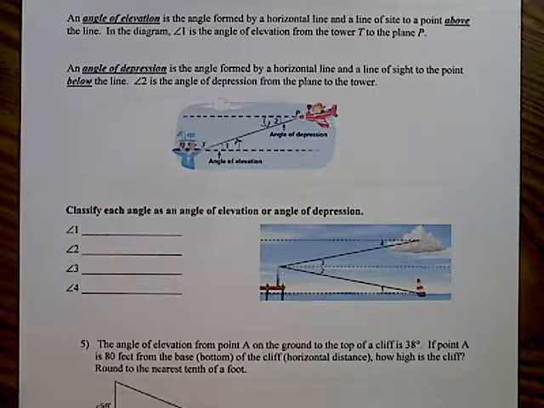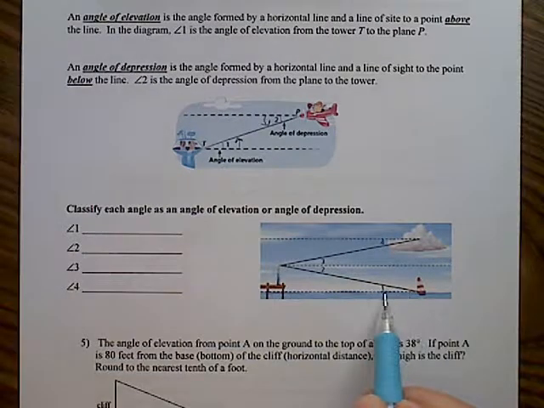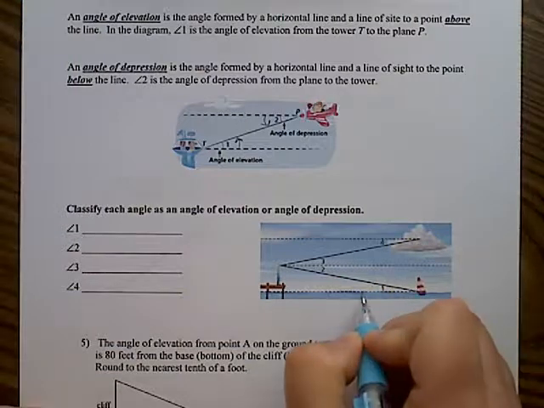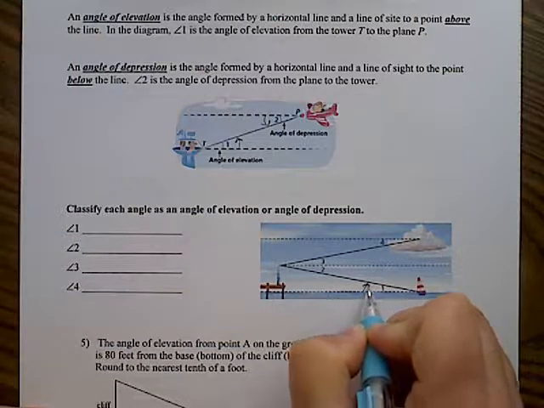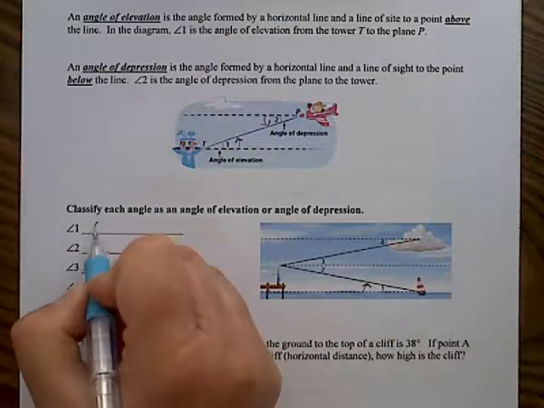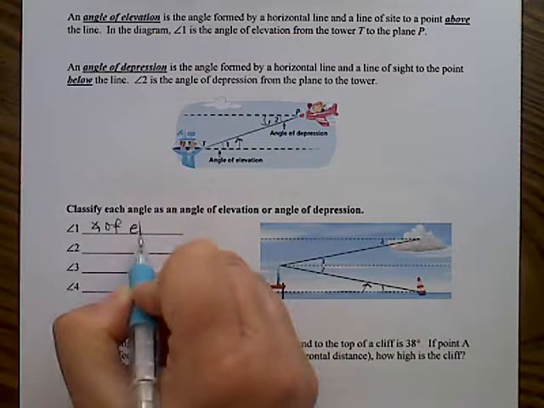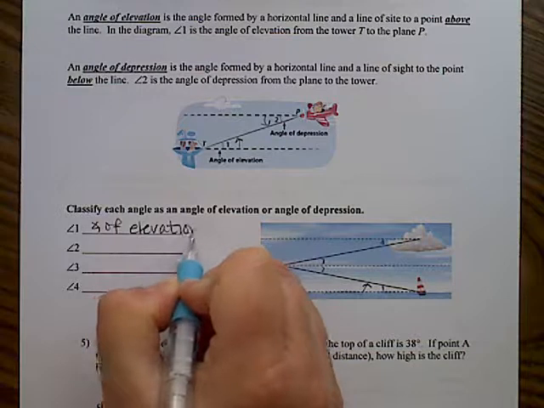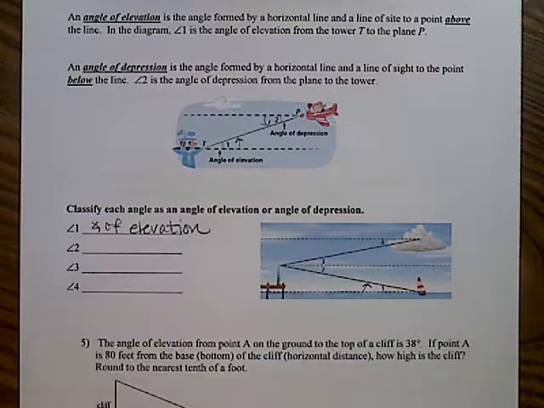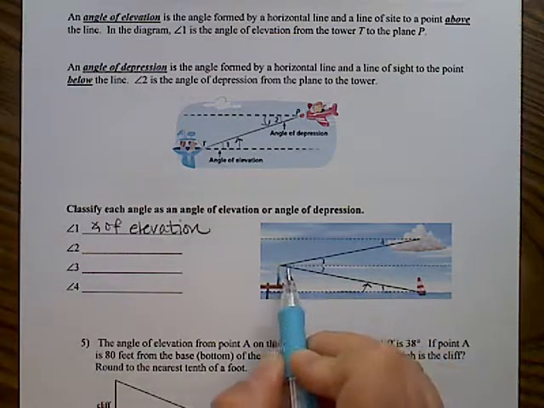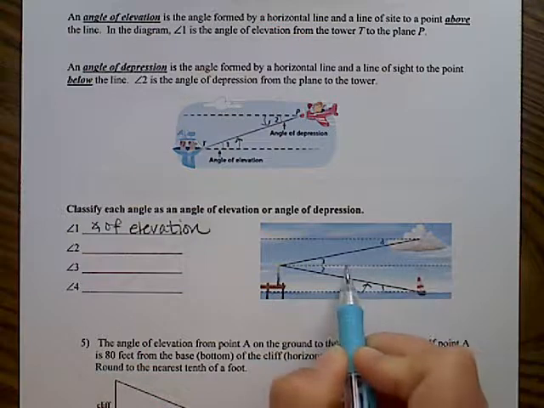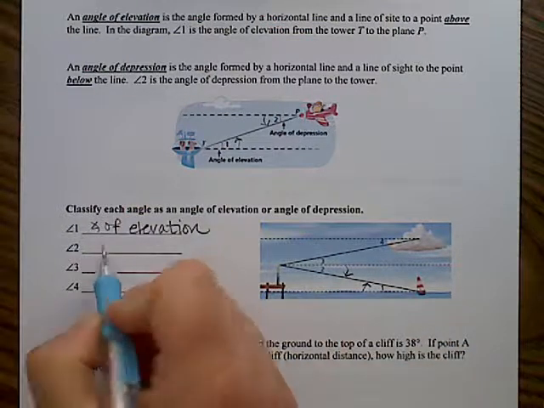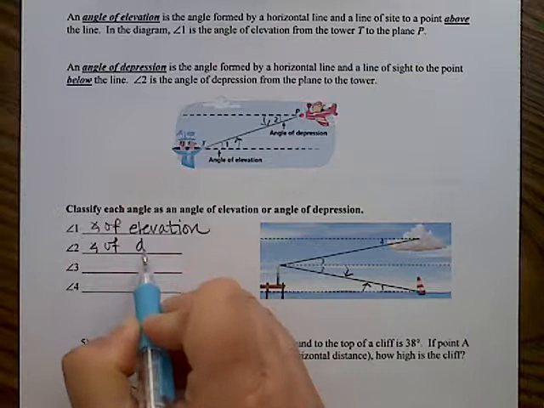So example number 1, angle 1. Is it an angle of elevation or an angle of depression? Here's my line of sight, that dotted line. I'm going up. This is my angle of elevation. Take a look at angle 2. Here's my line of sight again, but now I'm going down. This is an angle of depression.